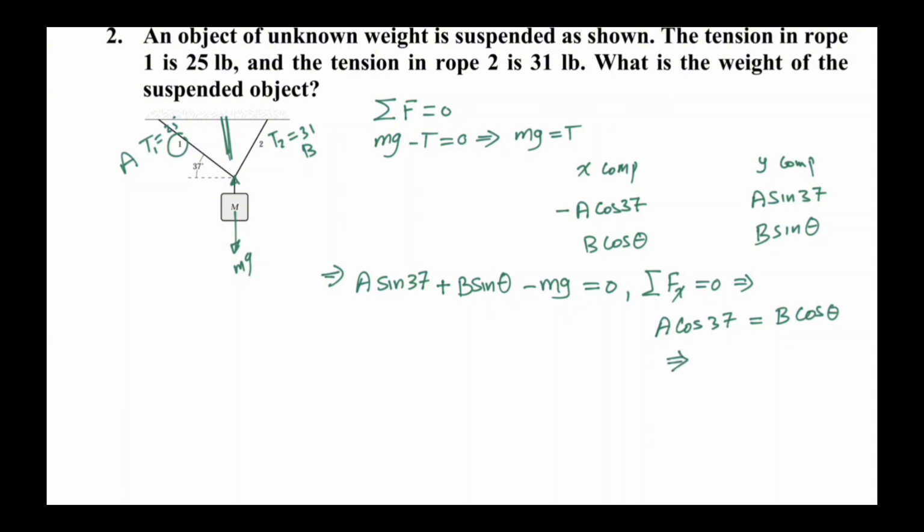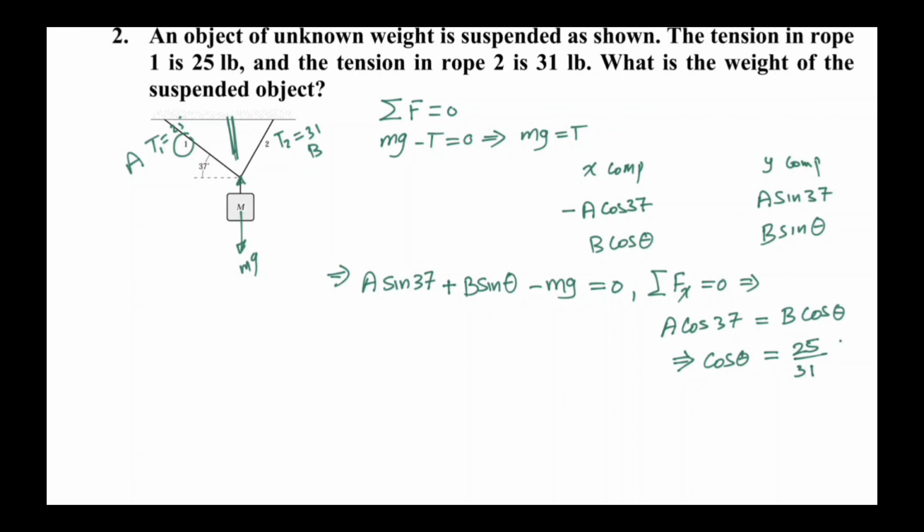You simplify this and you will find that cosine theta is equal to 25 divided by 31 times cosine 37, and theta will be equal to 50.2 degrees.